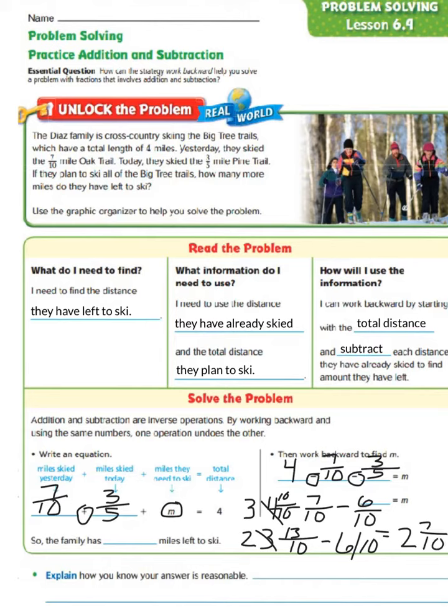So the family has 2 and 7/10 miles left to ski. So it asks at the bottom, explain how you know your answer is reasonable. Well, I know my answer is reasonable because the unknown distance, 2 and 7/10, is less than the total distance.